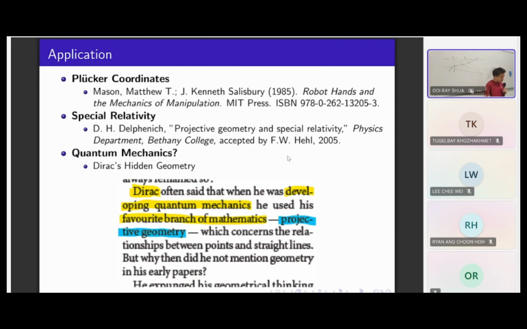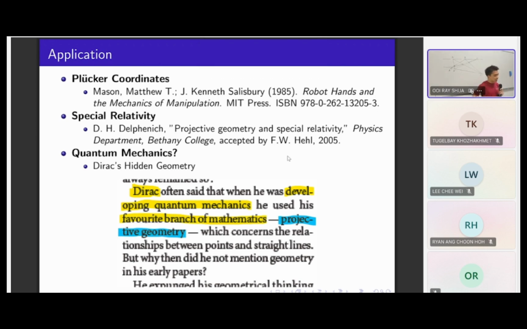Also interestingly, in physics, I was just randomly searching up, but also not that surprising, you can use it to understand special relativity. It kind of makes sense because the speed of light is supposed to be something you can't pass, so like a line at infinity, a point at infinity.